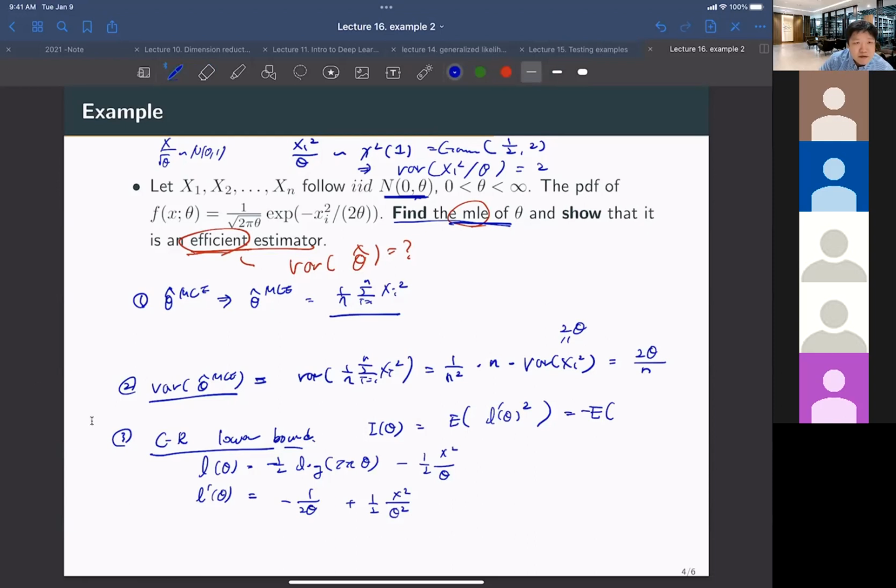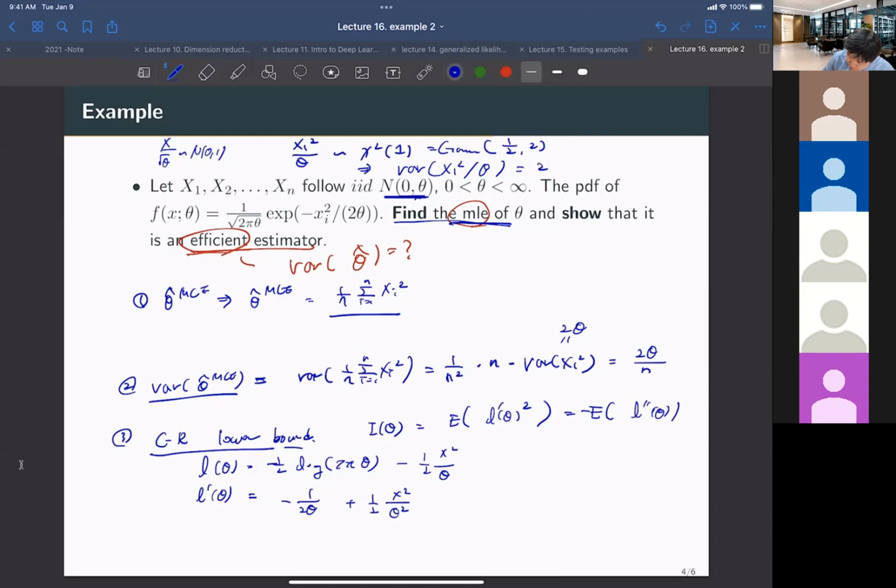So we have some property regarding the information. It's sometimes annoying to compute this, so by using the fact that the expected value of the first derivative of the log likelihood equals 0, we use this. You may remember this property.